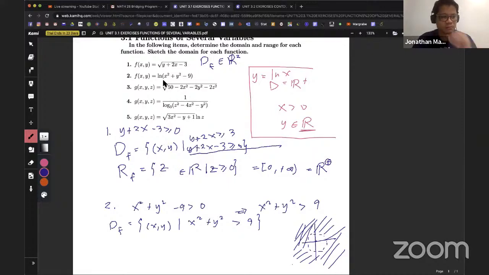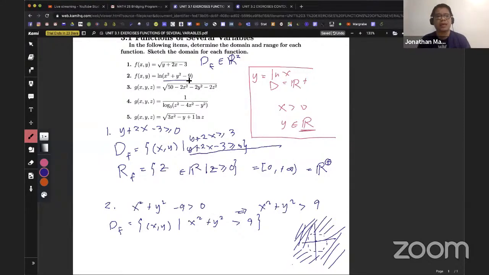Take note, in this natural logarithm function, if you look at the argument, the argument is x squared plus y squared minus 9.